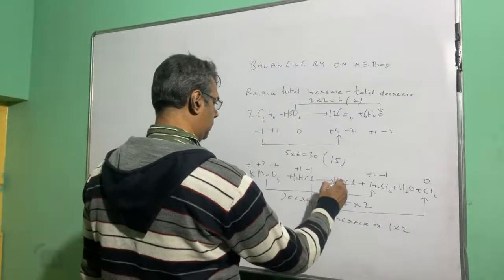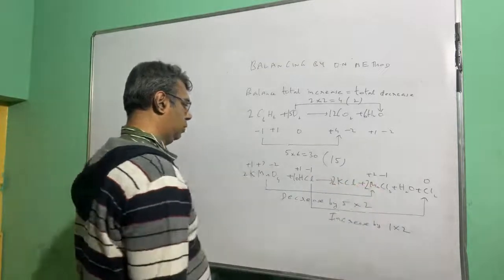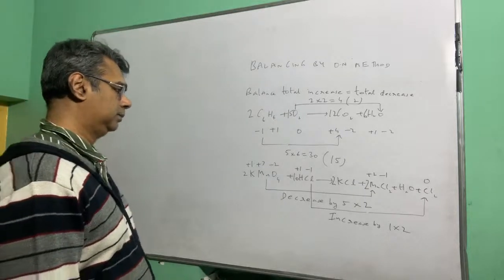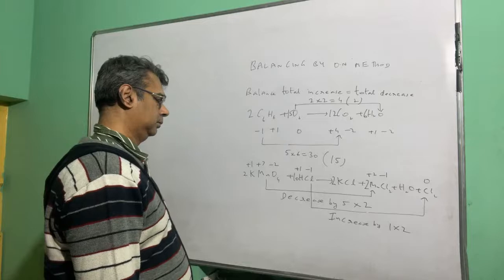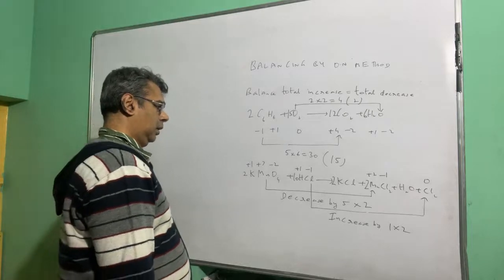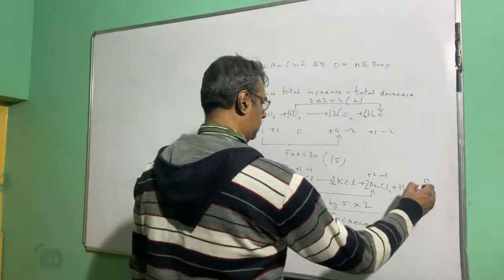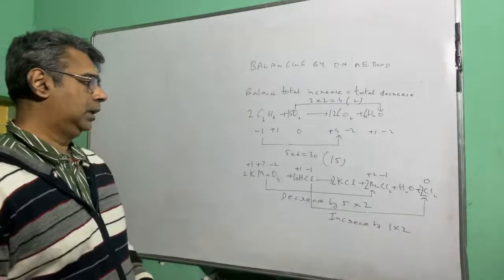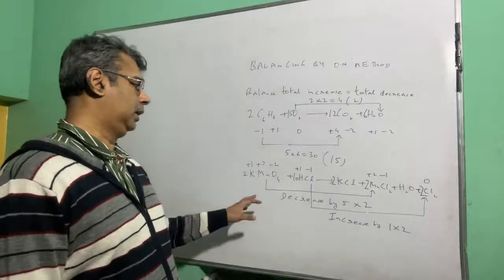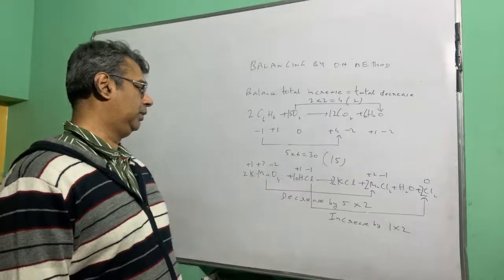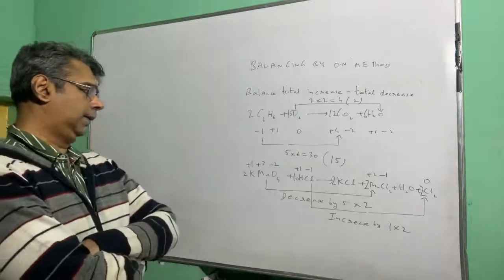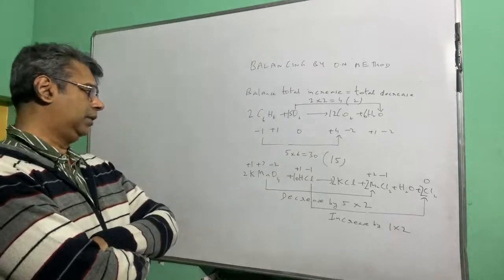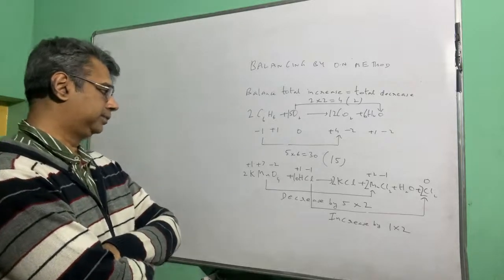So here you put a 2, here you put a 2. These 2 places you put a 2. And then you put a 2 here. So now what has happened, that we are only left with hydrogen and oxygen.